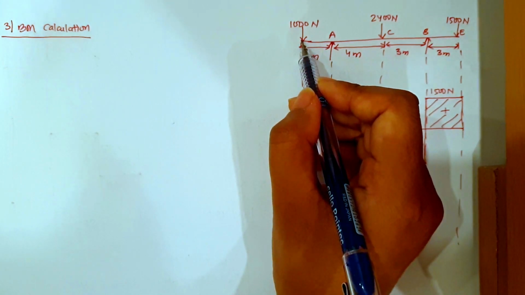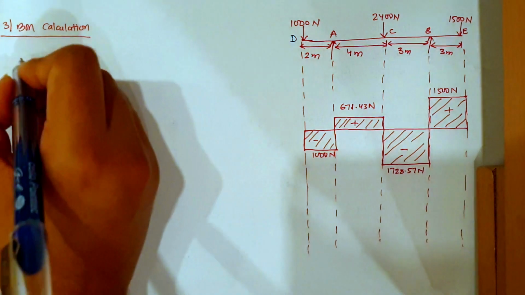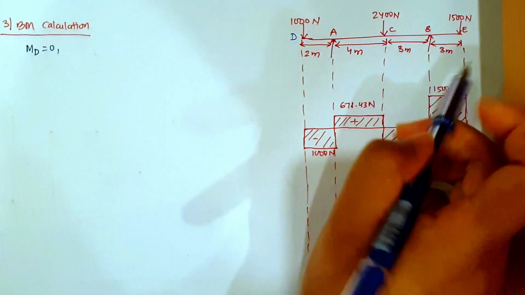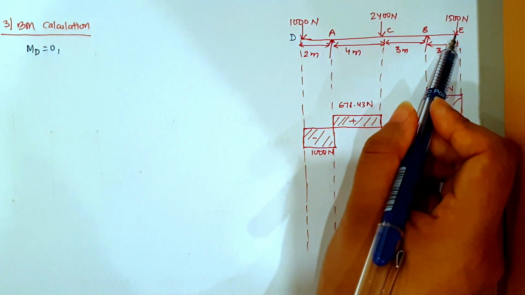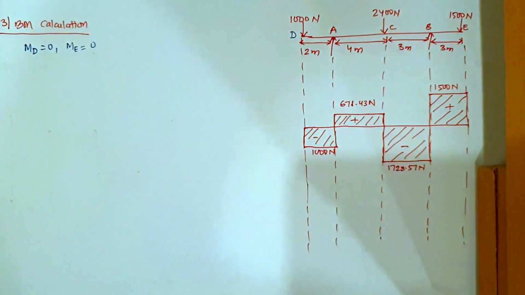There is a free end here which is point D, so moment at D will be equal to 0, and we have another free end at point E, so moment at E will also be equal to 0.